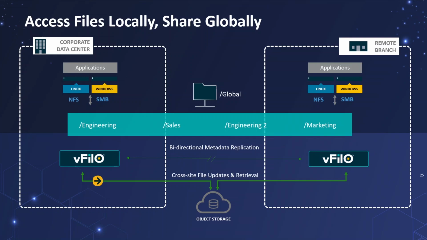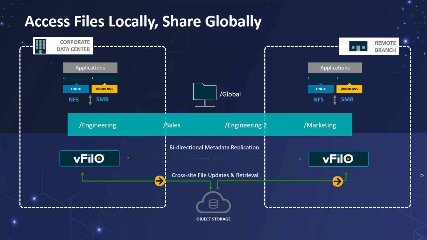And when you need some files, vFilO will move that file to a centralized object storage, deduped and compressed, which means we minimize the bandwidth and capacity consumption, and then move those files as a cache to the remote site. So the remote site can see and access the file like it's local, like the person in the data center.